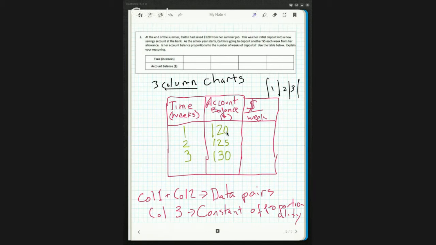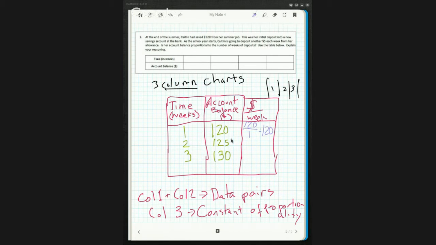But remember, when we're finding our constant of proportionality, we are going to divide column 2 by column 1 to match our units over here. Dollars per week, dollars per week. Because the 120 is in the dollars column and the dollars are on top, what goes here is 120 divided by 1, and we're going to simplify that to 120.